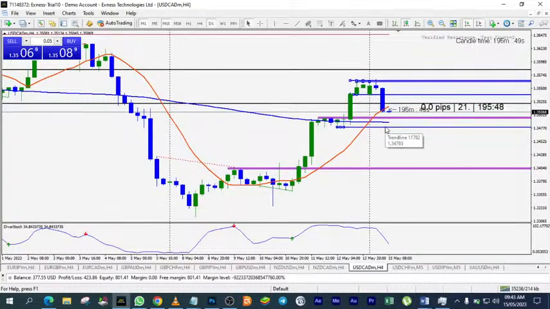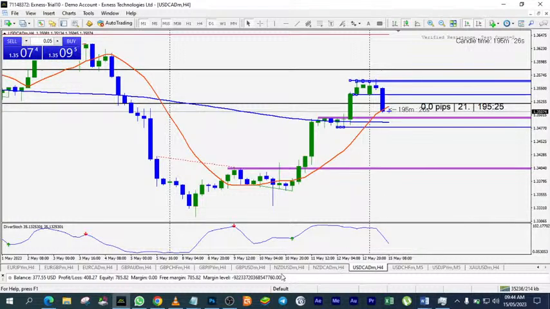This is a resistance level turned support, so we'll wait and see what happens there. But definitely I see a buy opportunity from this region here, but until we see the market reaction at this point here, we will not be taking that trade.